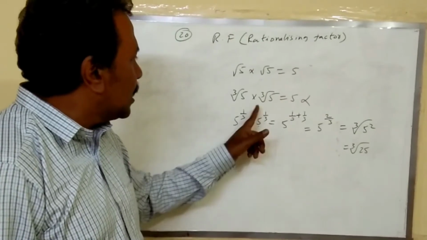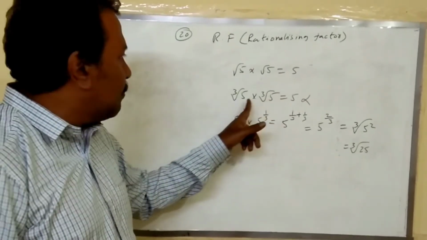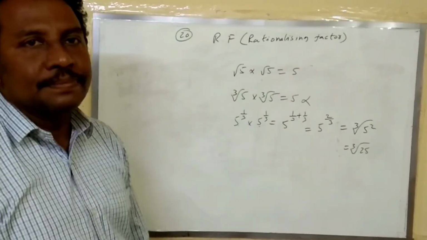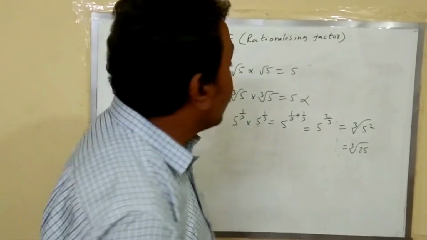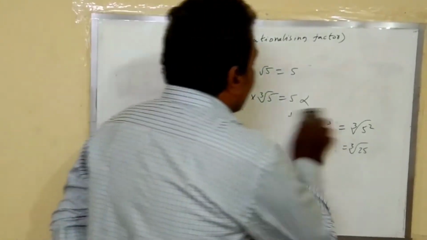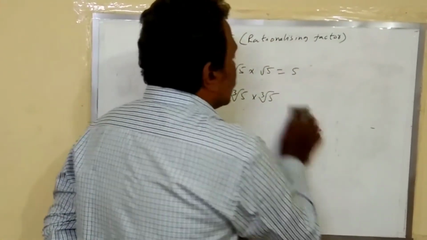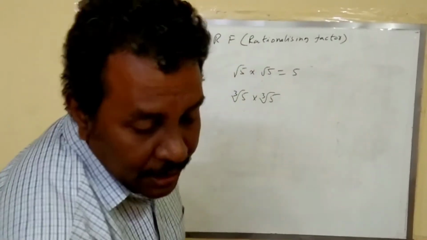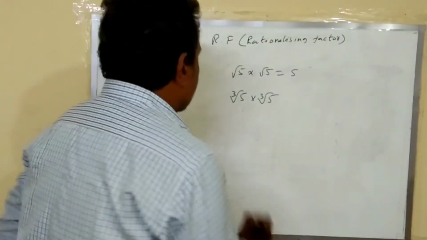So, can you say that cube root of 5 is an RF of cube root of 5? Never. Then what is an RF of cube root of 5? For that we need to make some alterations.